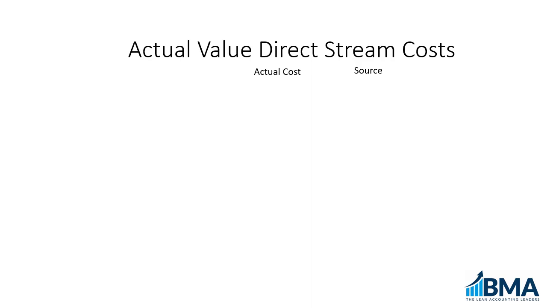Now let's take a little more detailed look at defining actual costs and how you can understand where to get the actual costs. I recommend that when you're developing value stream income statements, you use a cross-functional team to look at expenses by line item or by your cost centers.